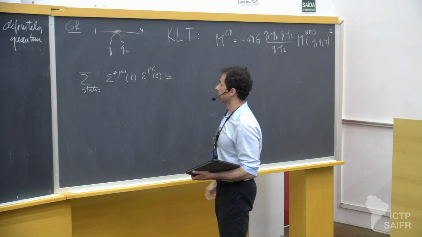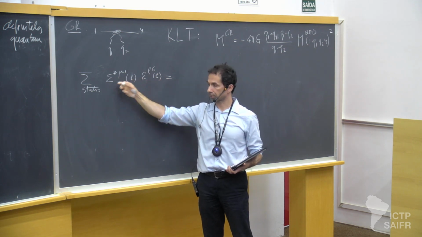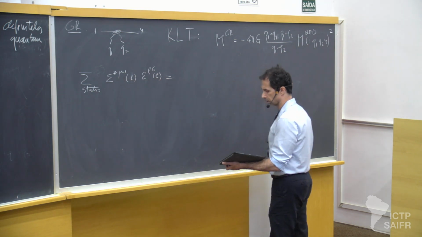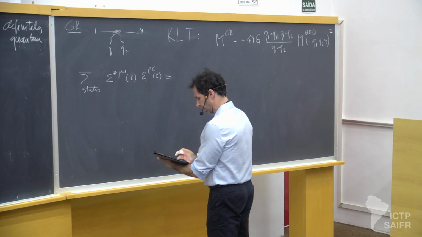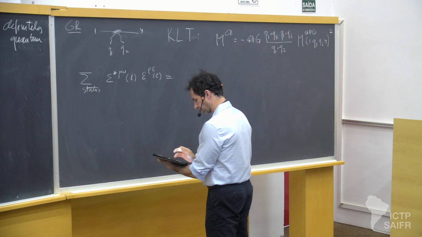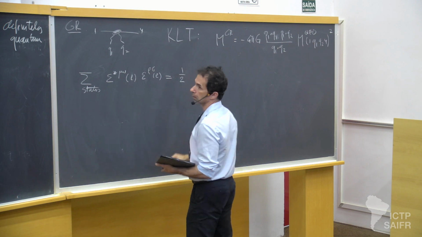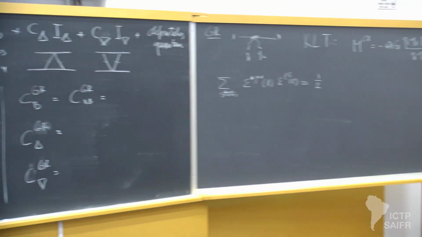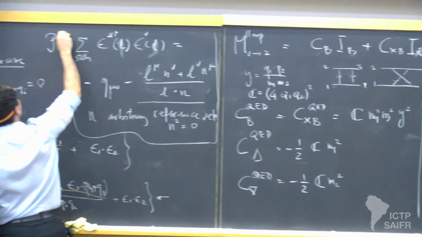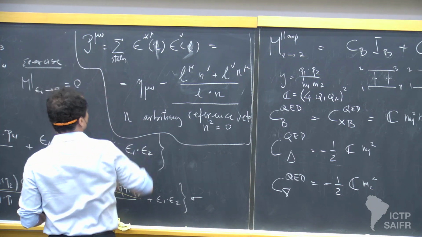If you literally sum only over the states of a graviton, then this is going to look as follows. 1/2. Let me give this thing a name, where P stands for projector.